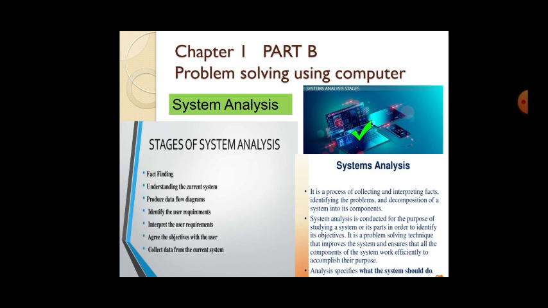Next, agree the objectives with the user. The doctor will come and tell you that you need a surgery, it can't be cured with medicines, and after surgery you also need to take medicines. So he comes and talks with the patient. Then collect the data from the current system.